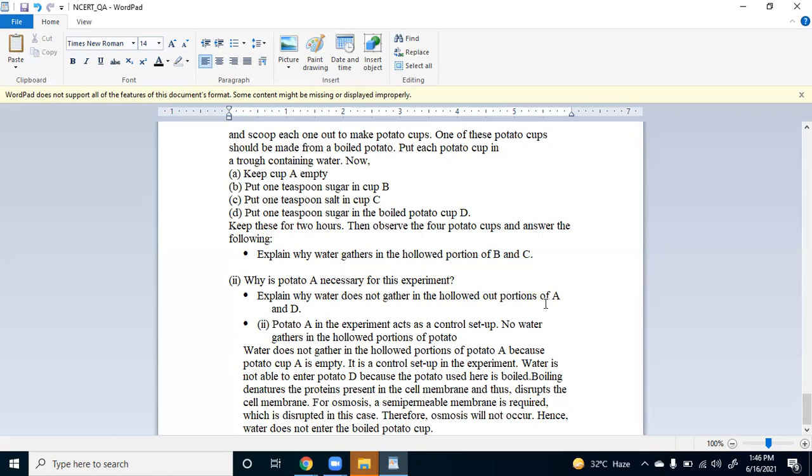So there will be no osmosis, because osmosis requires a semi-permeable membrane. When we have boiled the potato, there will be no cell membrane left. It dies, so there will be no osmosis, because for osmosis there should be a cell membrane. During boiling of the potato, it gets disrupted.